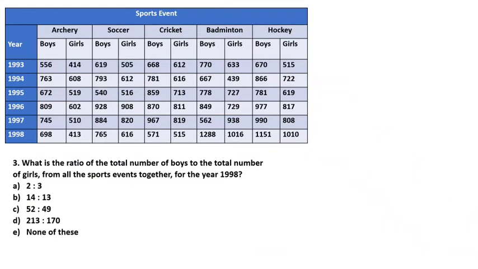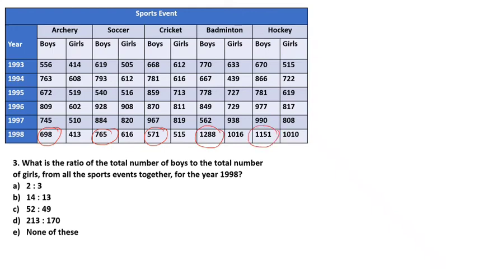Okay, the next question is, what is the ratio of the total number of boys to the total number of girls from all the sports events together for the year 1998? So here you can see in 1998, the ratio between the boys and girls. So boys are what? 698, then 765, 571, then 1288 and 1151.